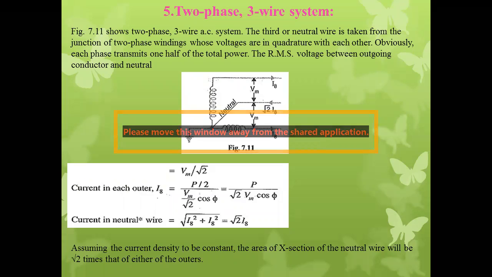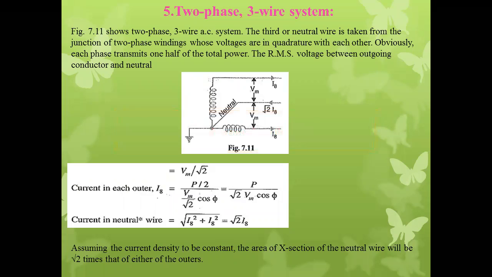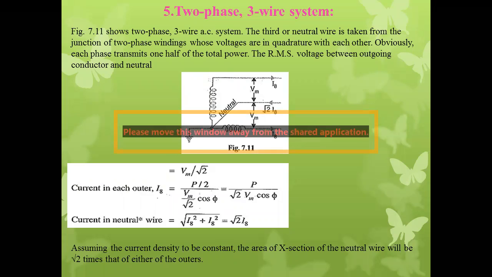As per the previous procedure, we have to find the load current as well as the current flowing through the neutral wire. The third or neutral wire is taken from the junction of two phase windings whose voltages are in quadrature with each other.